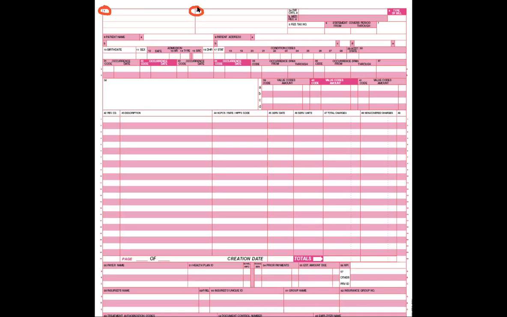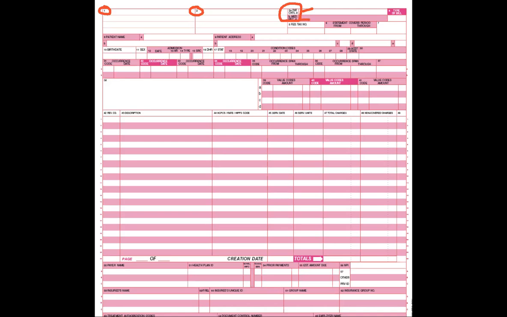We have to have the patient's account number. So let me just circle right here. There's 2 little boxes. The first one here is the patient control number. That's the number that we use to identify the patient for that particular date of service, which is different than the medical record number.